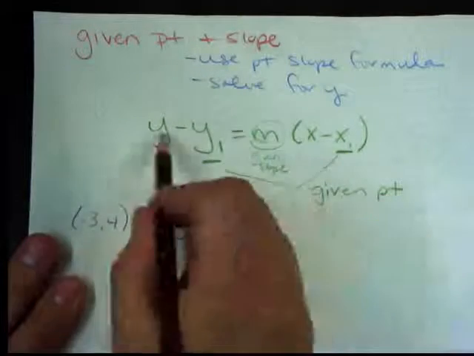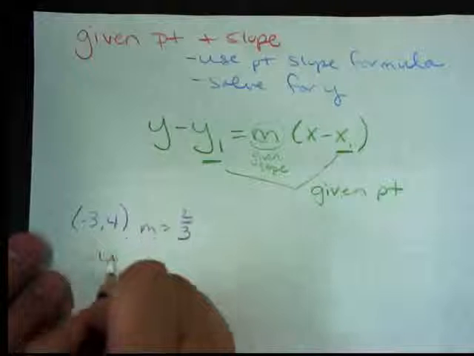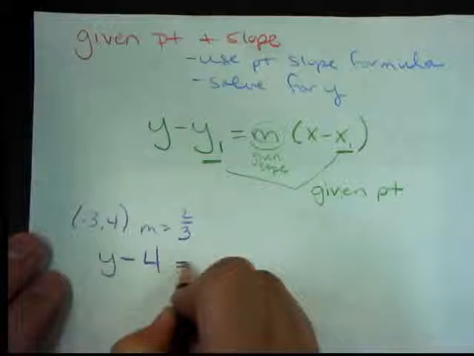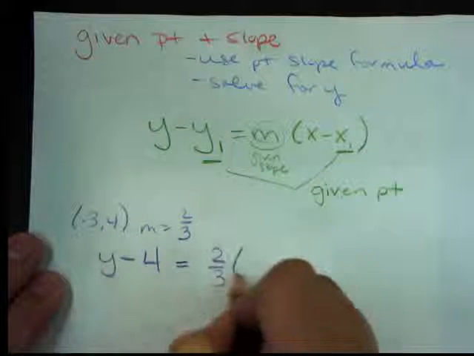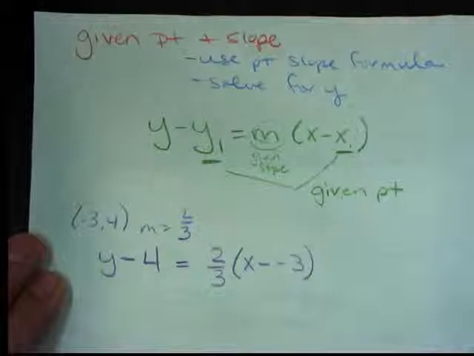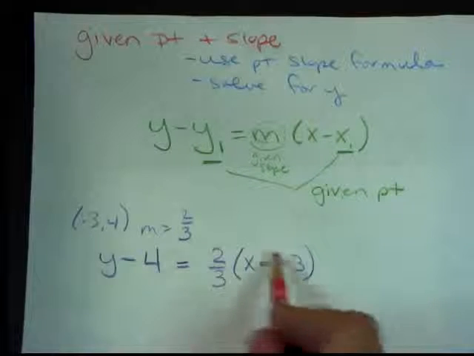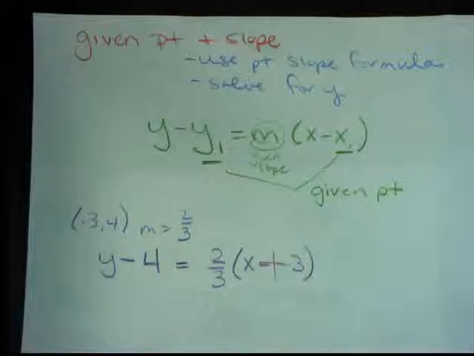Y and x are variables. Y1, x1 are the points. So it's y minus y1 equals m times x minus x1. We should know that two negatives make a positive. So that's where the x plus 3 comes in.